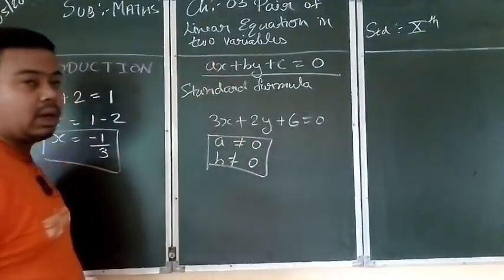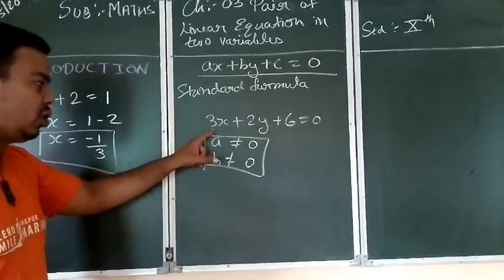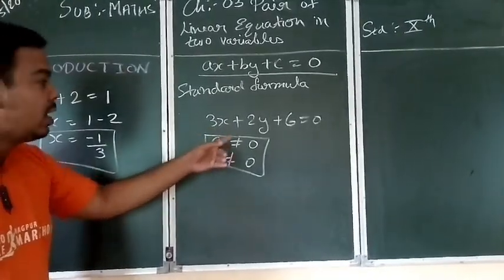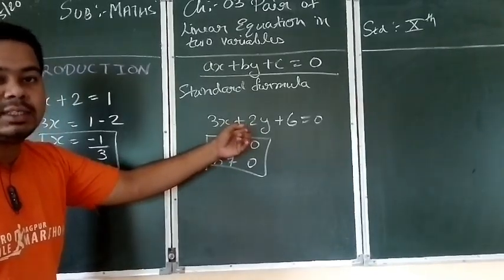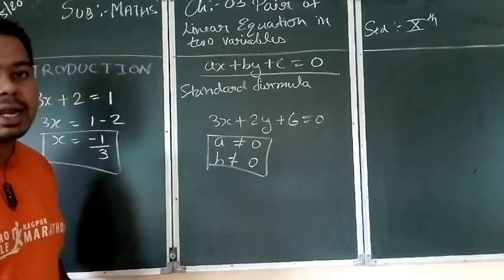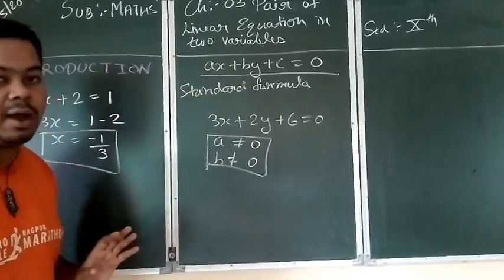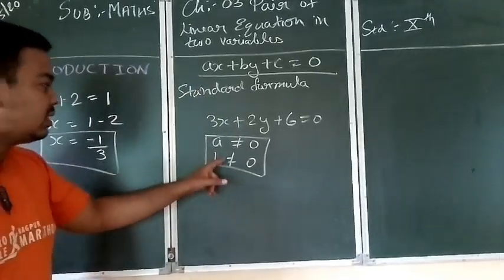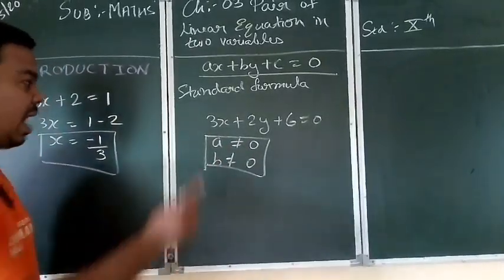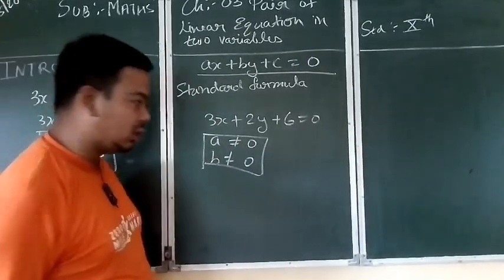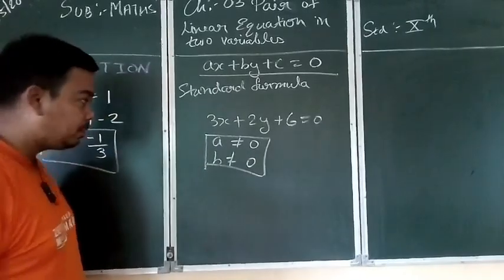If you take, suppose, 0x, or in the place of 2 we write 0, then that is not a linear equation in two variables. So remember, a is not equal to 0 and b is also not equal to 0. Then it is applicable.